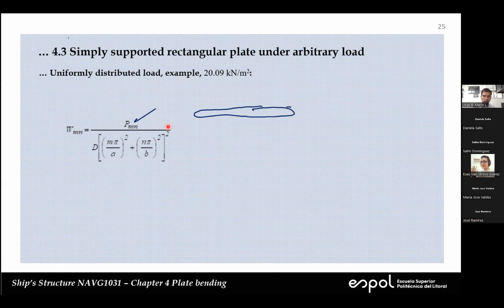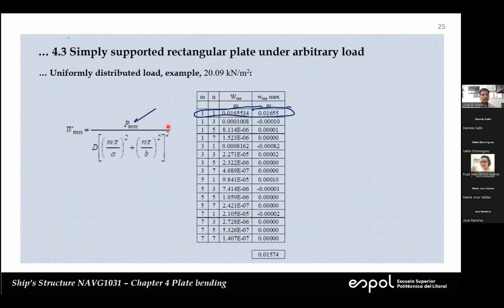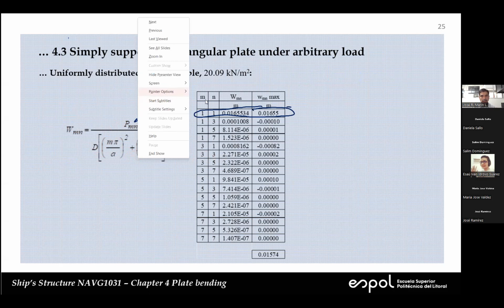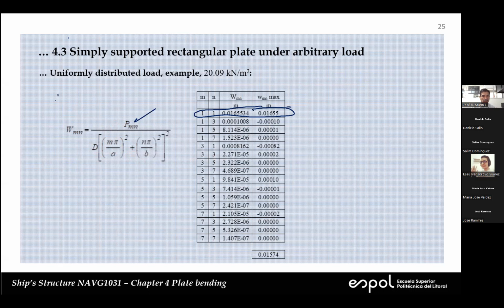Again, to do this, here is the expression that we have from chapter 4.2. Let me put it again. If you don't remember, go back to 4.2, review it, and understand it.